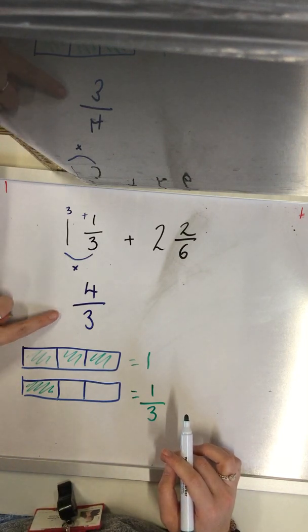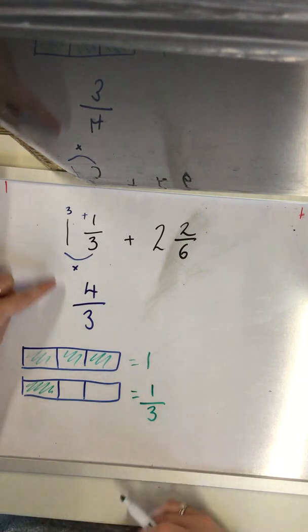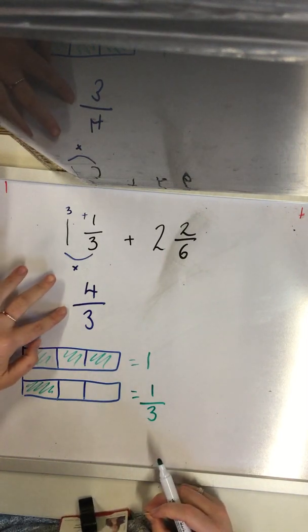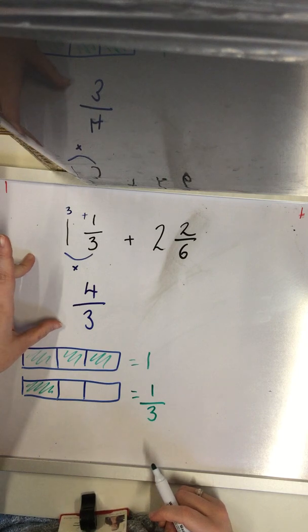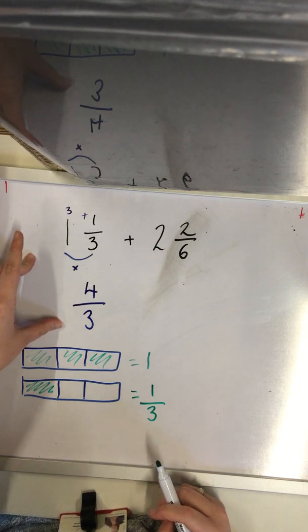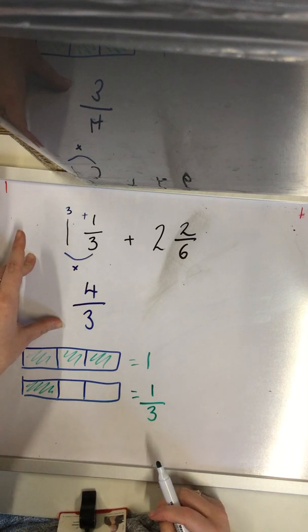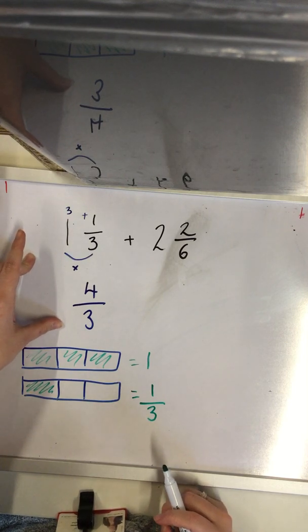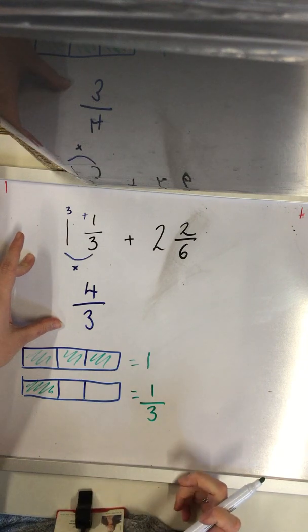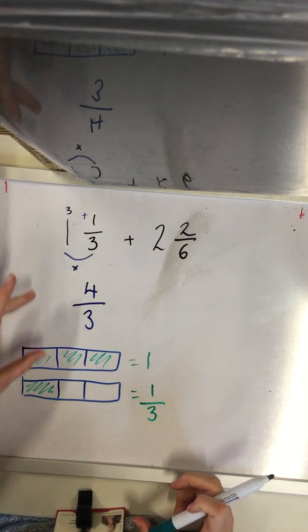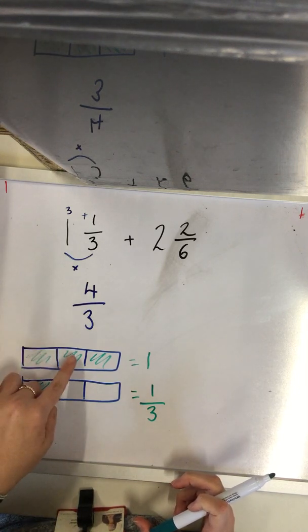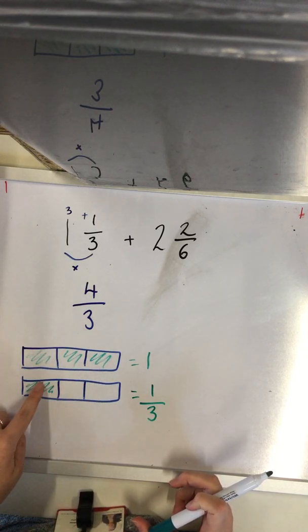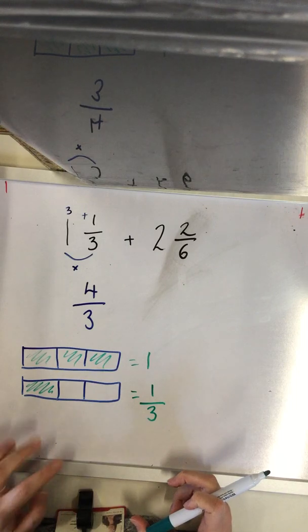And then if you look here, my improper fraction, which is the exact same as this, just looks slightly different. If you remember, when we did fractions, we said that Ant and Dec are Ant and Dec, whether they are wearing suits, sailor hats or cowboy hats. Ant and Dec are still Ant and Dec, they just look slightly different. 4 over 3, because 1, 2, 3, 4 bits are shaded. The exact same.